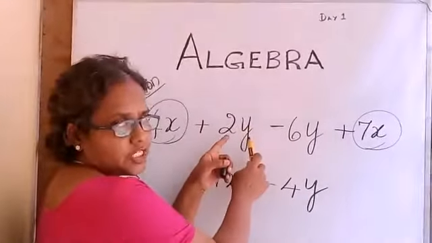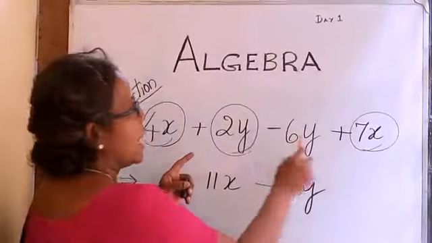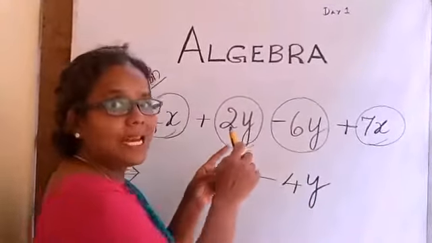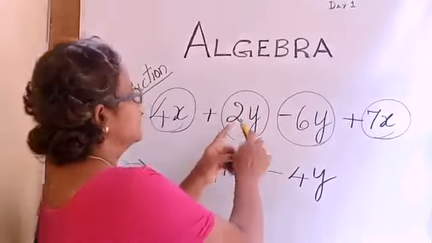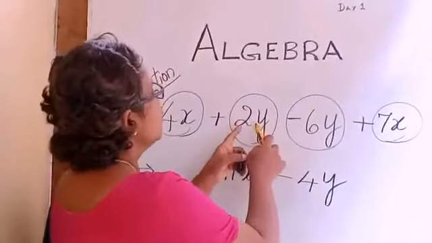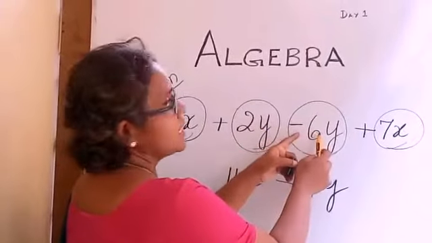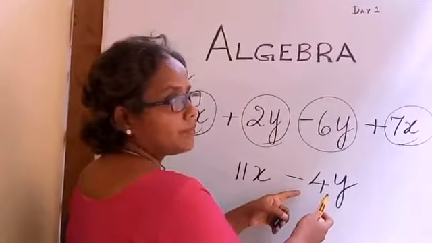Looking at the next terms, here we see that plus 2y and minus 6y are like terms because they involve the same variable. I can further reduce this. How can I reduce this? 2y plus 2y and minus 6y, both of them get combined and I get minus 4y.